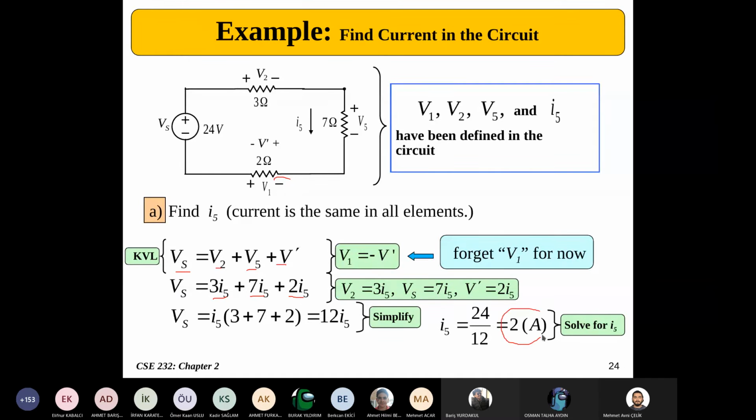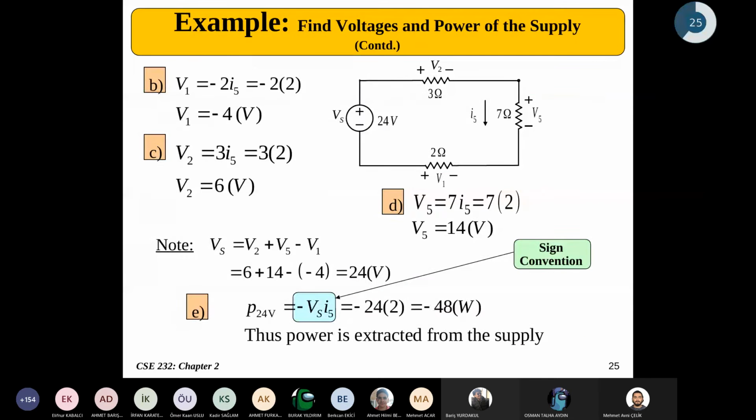Using that equation, you can calculate I5 as 2 amps. Now, since we know I5, we can just calculate V1 by multiplying that by 2, but mind that minus sign over there. So it's minus 4 volts.